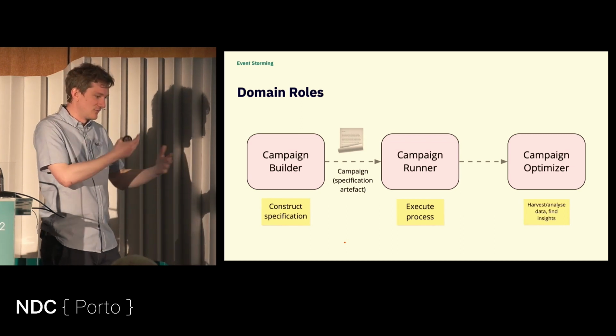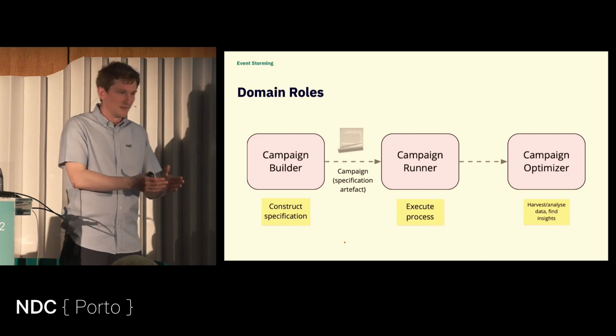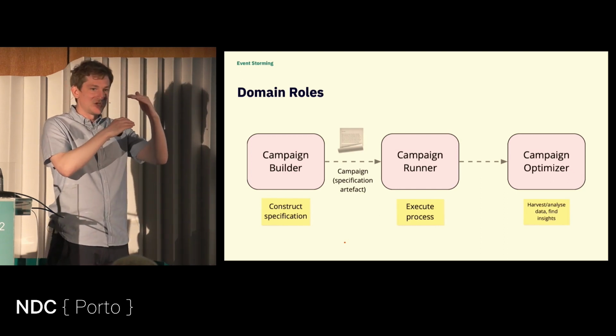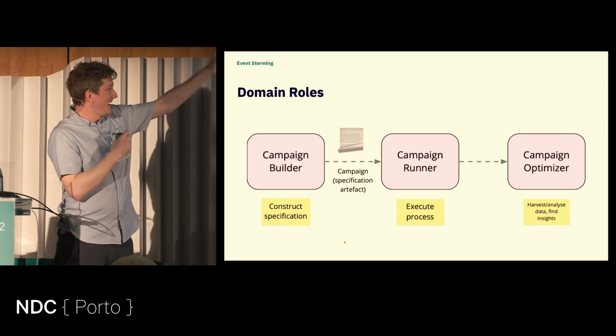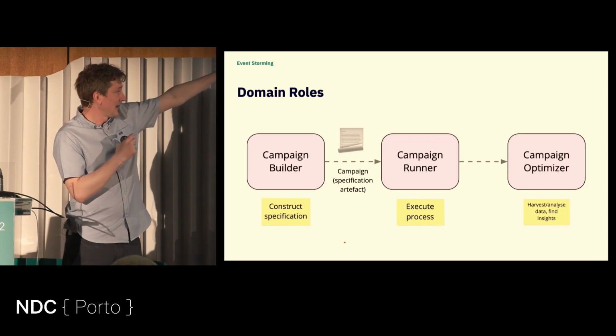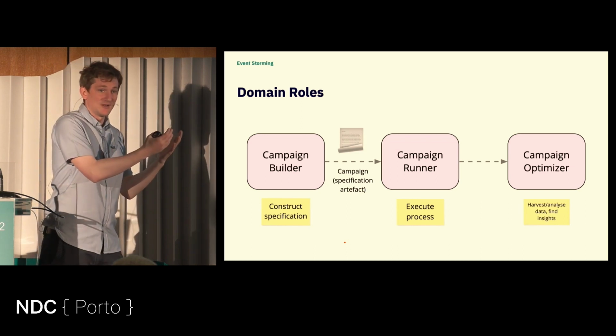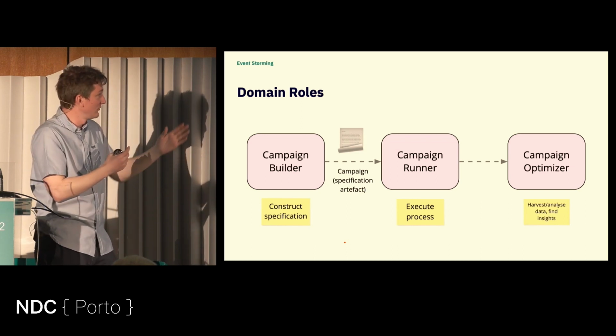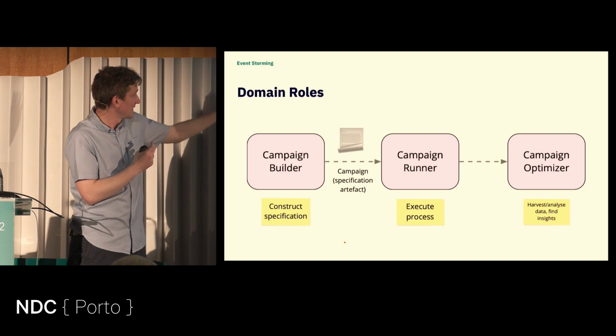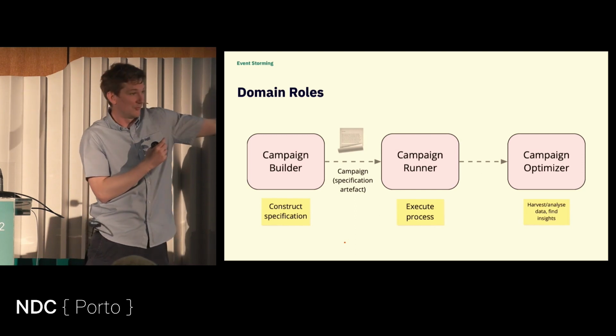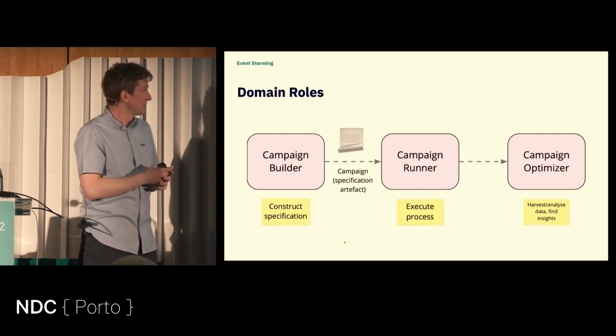It's all about collecting all the information, making the choices, creating the specification of what to do. Then the next domain, campaign runner, is taking that specification and running that campaign for you. So that split between describe and do is often a good candidate for boundaries.